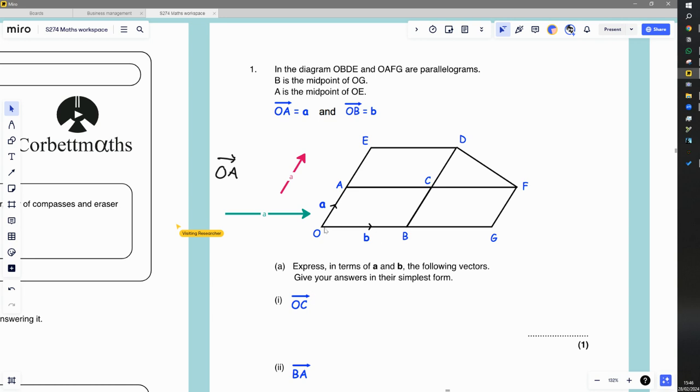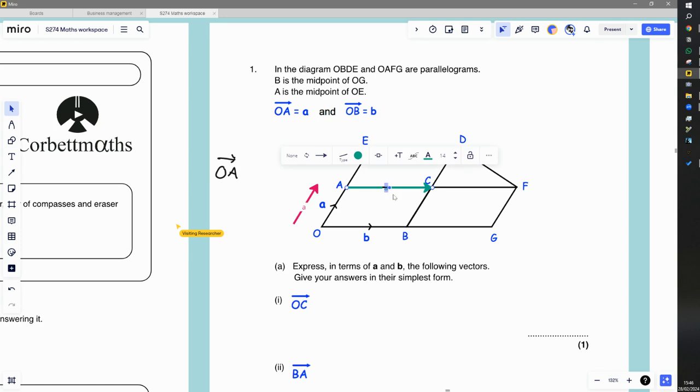We're trying to get from O to C, and what we can do with vectors is add them in the same way as you would add anything else. So if I say that's A, oh wait a second, that's not A, is it?